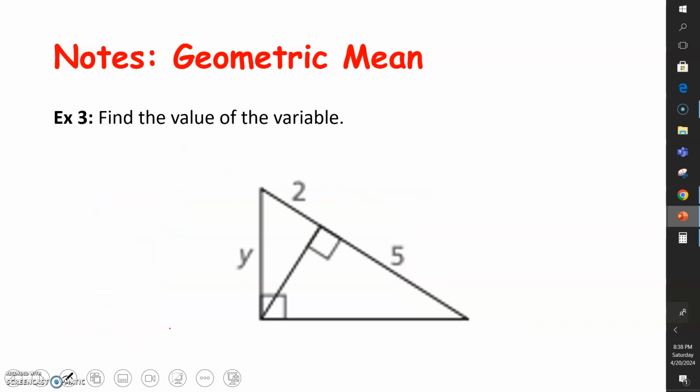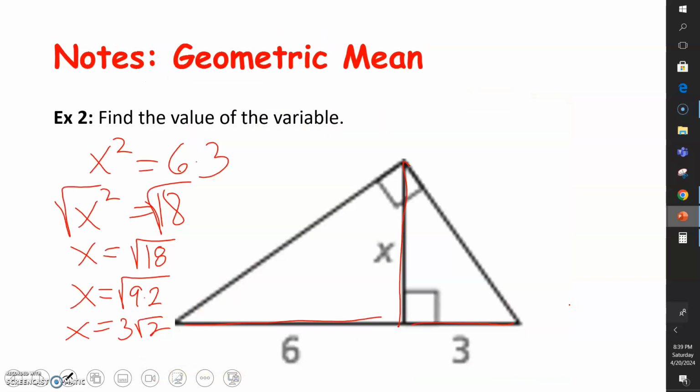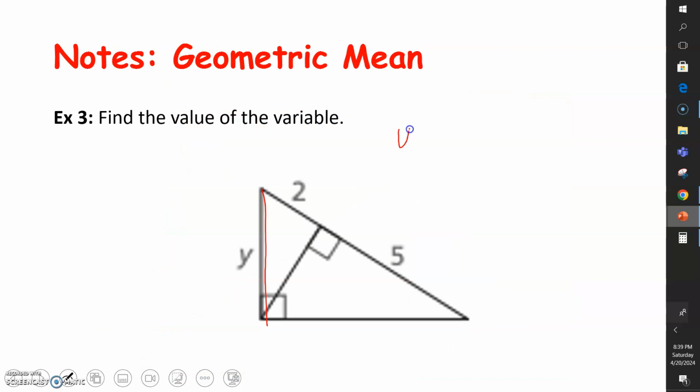All right, let's look at one more. This one, we are trying to find the leg. Now, according to theorem 9.8, a leg squared is equal to the segment below times the whole thing. So y squared is equal to the other leg connected to it times the whole thing, which in this case is 2 plus 5, or 7.